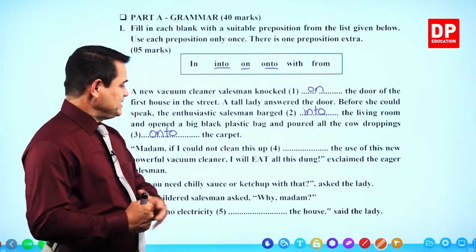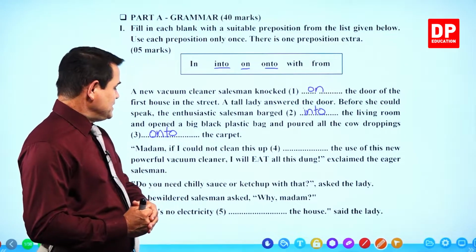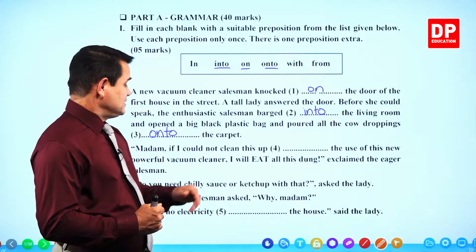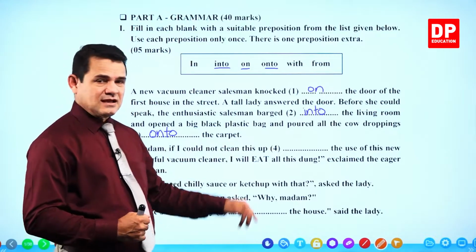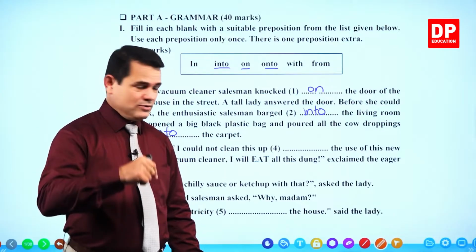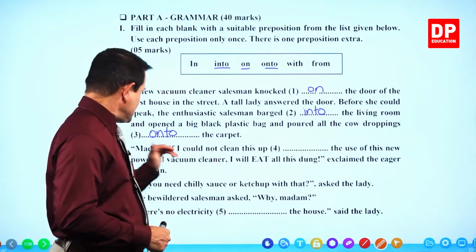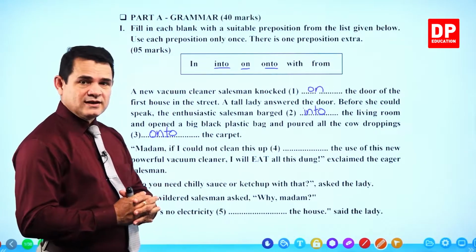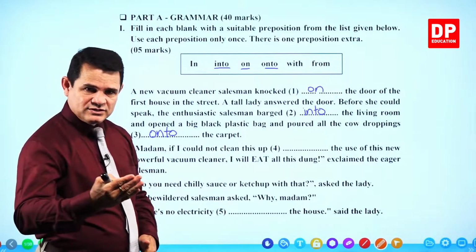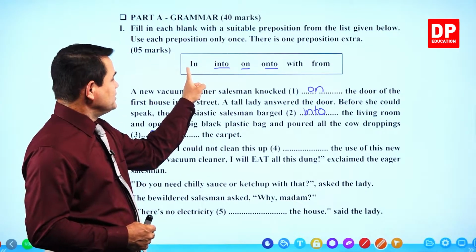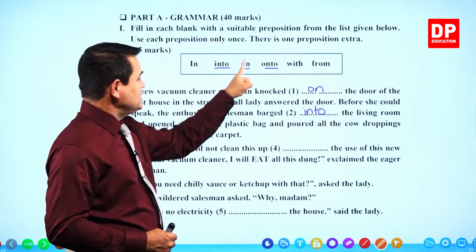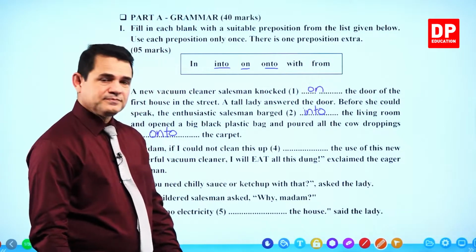Then what can be the word coming into this one? Madam, if I could not clean this up, මට මේ ටික clean කරන්න බැරි වුණොත්, blank the use of this new powerful vacuum cleaner. මේ vacuum cleaner එක පාවිච්චි කරලා මොකක්ද දෙන්න පුළුවන්? Using these three: in, with, from.